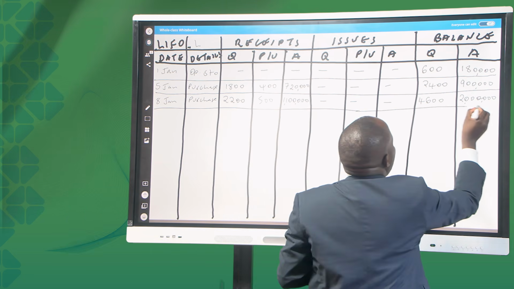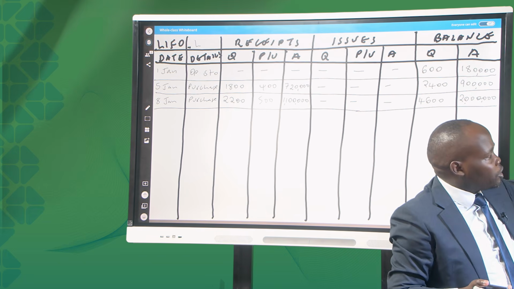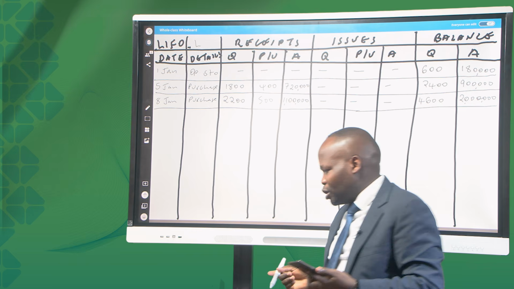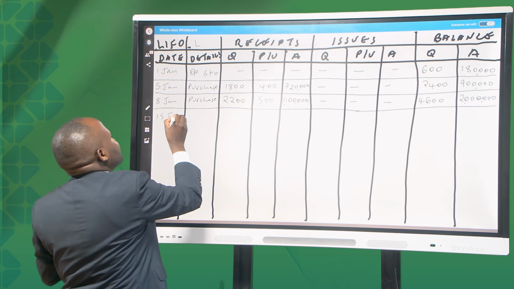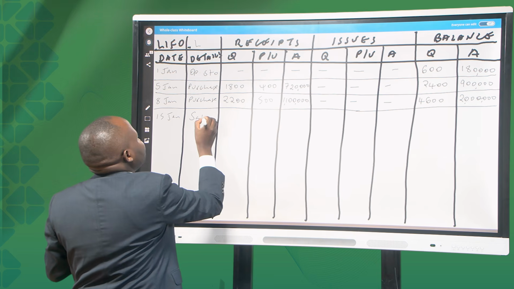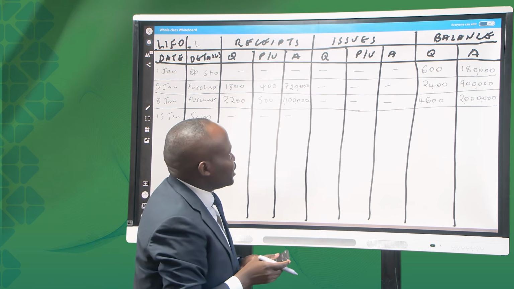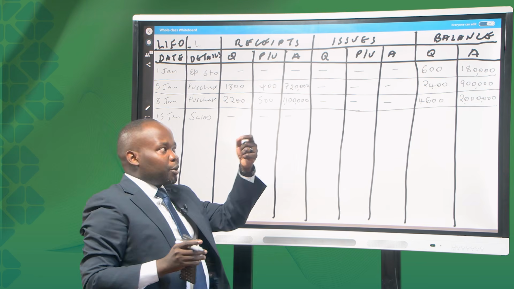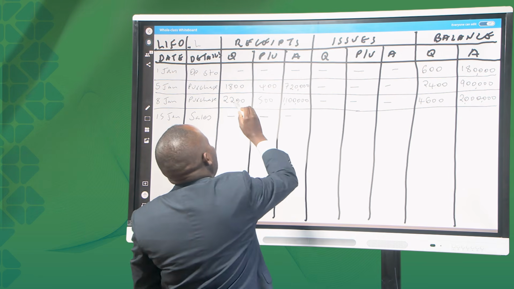Now on 15th January is when we had the first issue. We sold 4,200. Remember, in the previous method, we were issuing the first followed by the next and the next.